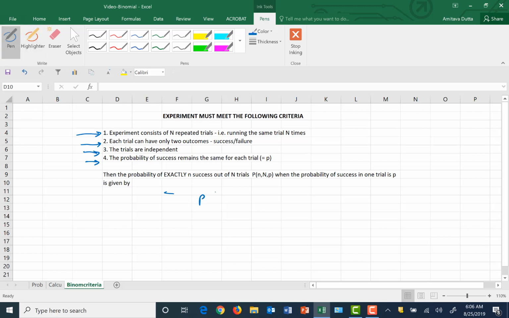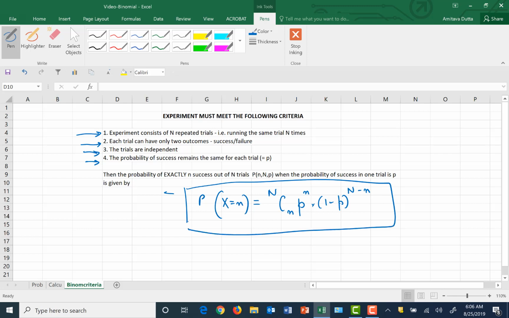So if these four conditions hold, then the probability of x successes out of n trials is n C x p to the x times 1 minus p to the n minus x. Okay, so this is the general formula for the binomial distribution.